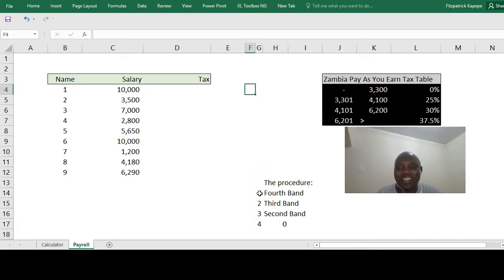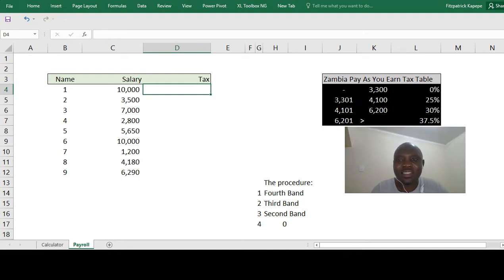The best way to learn is also to do it. So as I'm doing, you also just follow through, pause until you get it right. So we start. We say equals IF.